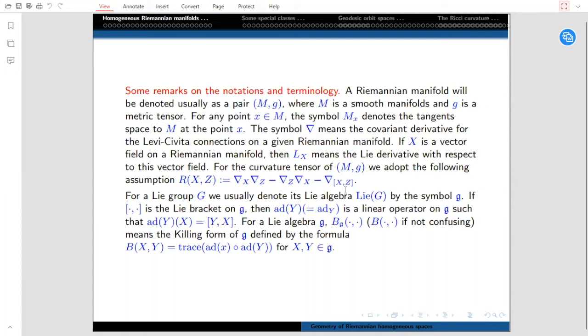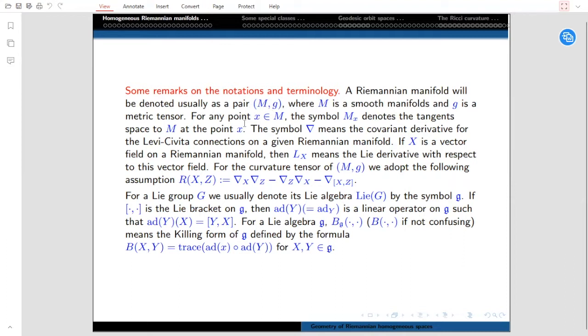Now, a little more about notation. Our notation is quite usual. For example, a Riemannian manifold we will usually denote as a pair, some manifold and some metric tensor, (M, g).